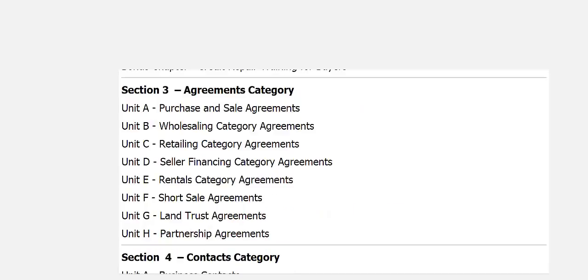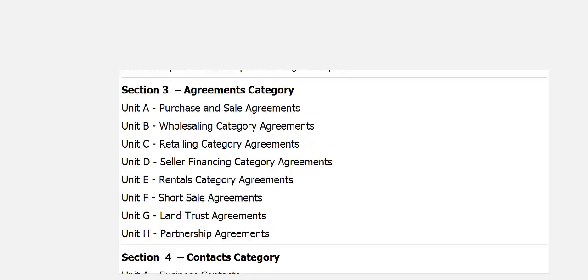The next section is agreements category. Well, we've got about 6 or 7 different categories for agreements. We have purchase and sale agreements, wholesaling agreements, retailing or rehabbing agreements, and then seller financing agreements, which include subject to, lease options, straight options, agreements for deed, and others.